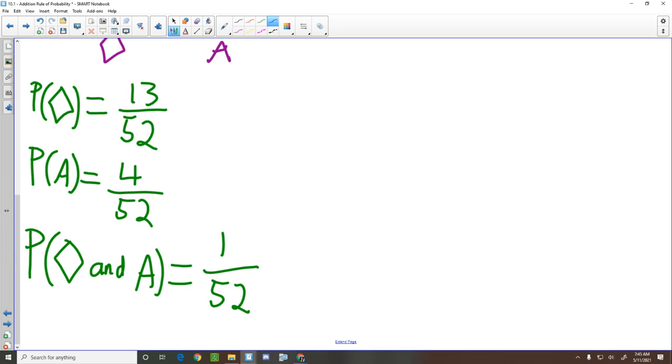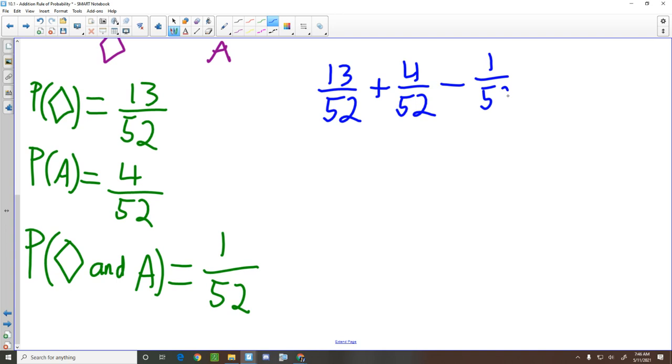So when I add these up, we've got 13 out of 52 plus 4 out of 52. But then I have to subtract this overlap area where they're both an ace and a diamond. And that's just 1 out of 52. You calculate that. Luckily, these fractions are nice and easy because they have a common denominator. I love that, right? And you're just adding the numerators. 13 plus 4 is 17. Minus 1 is 16.